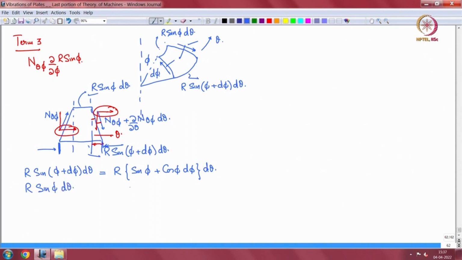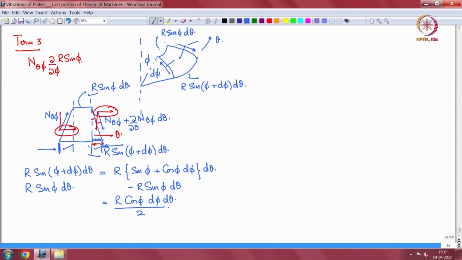Okay, so if I take the difference minus r sin phi d theta, then I get r cos phi d phi d theta. Okay, so that is this length plus that length, so I divide by 2. That is this length.